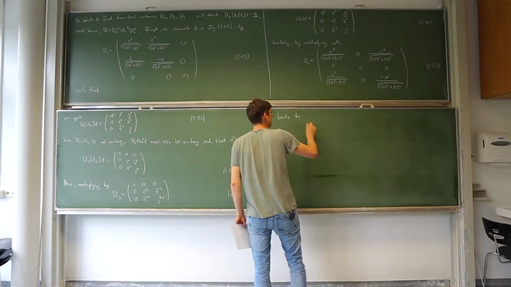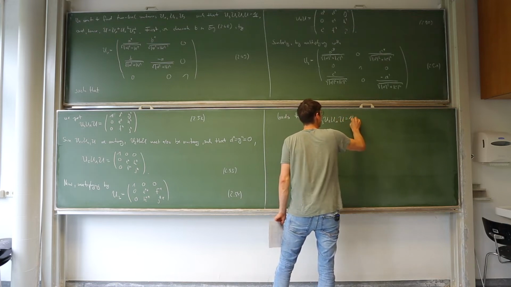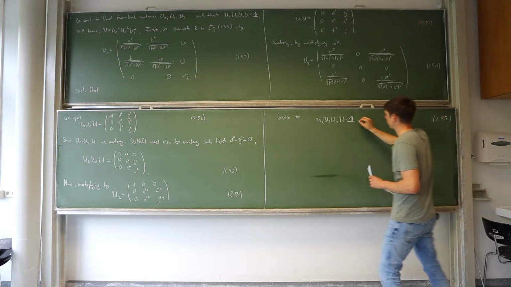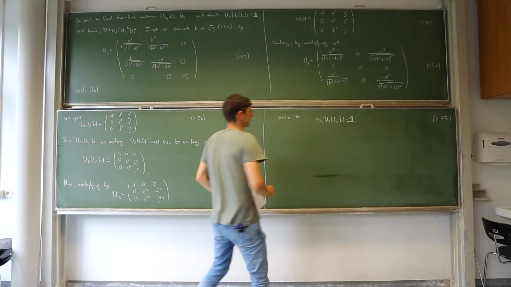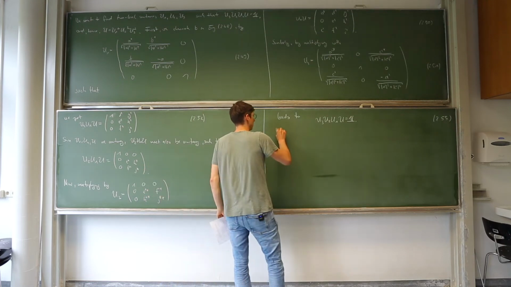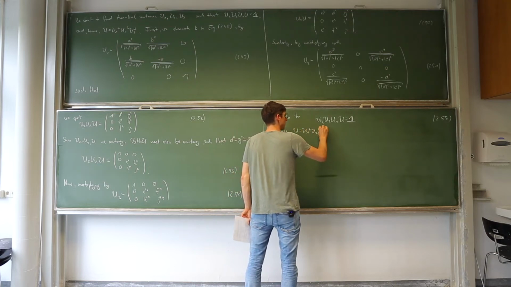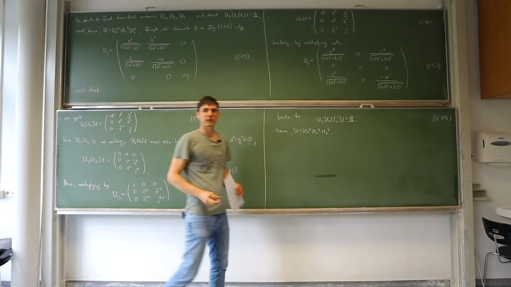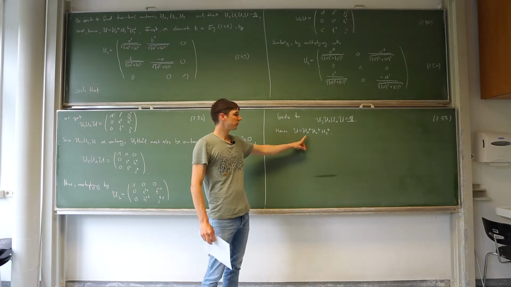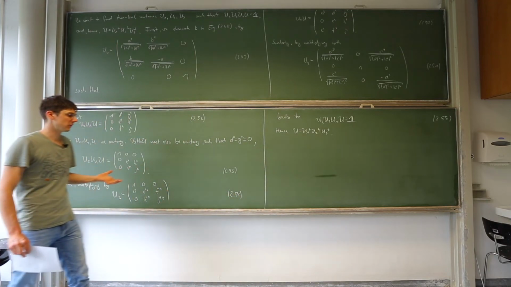So this leads to u3 times u2 times u1 times u is equal to the identity. And this is actually what we wanted. Because now we know that u must be equal to u1 dagger, u2 dagger, u3 dagger. We have now decomposed this 3x3 unitary into a product of two-level unitaries. This is the essential idea behind this.